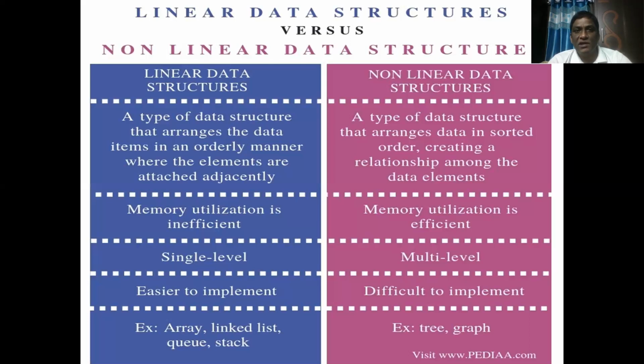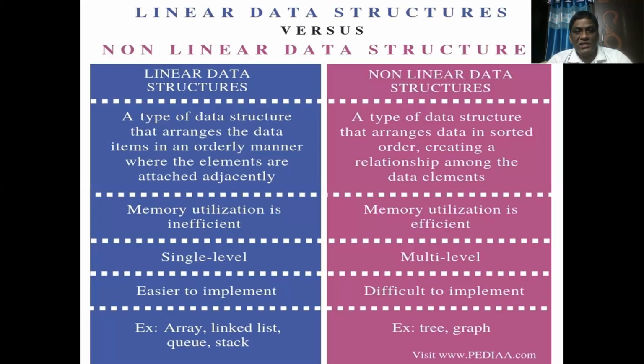It's a single level data structure. When it is nonlinear data structures, there are two types, trees and graphs. Both of them are multi-level data elements. So they represent the data in the form of a hierarchy, level 1, level 2, level 3, and so on. There will be a number of levels to store the existing data of the application, right?